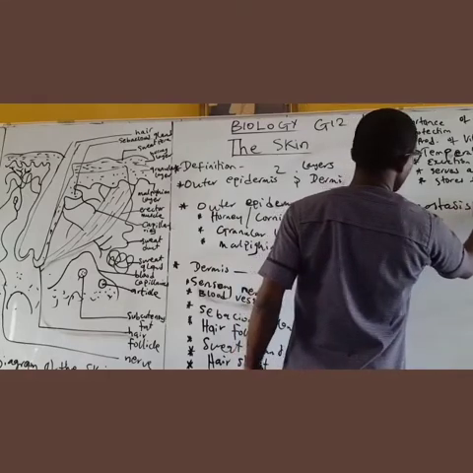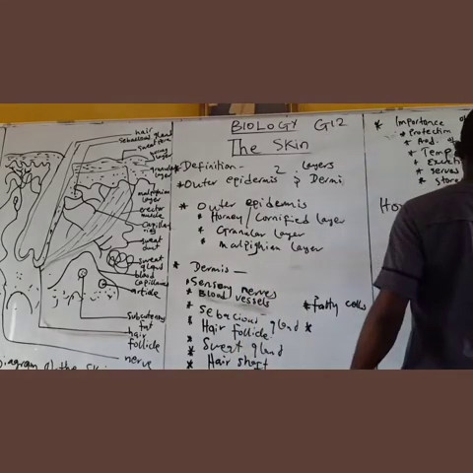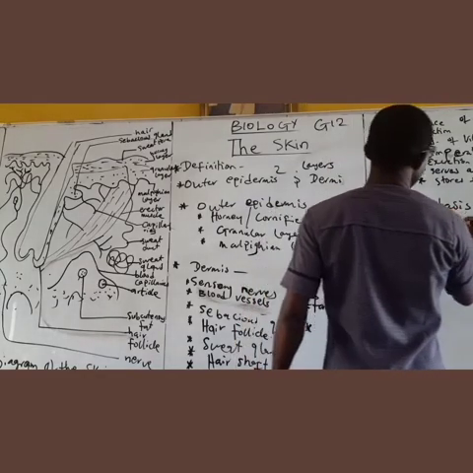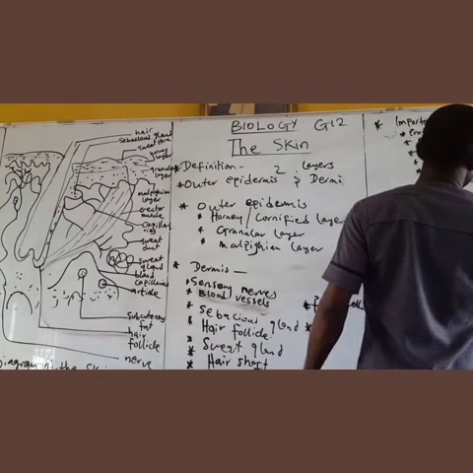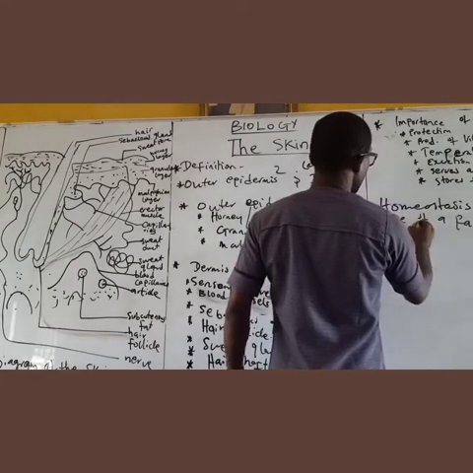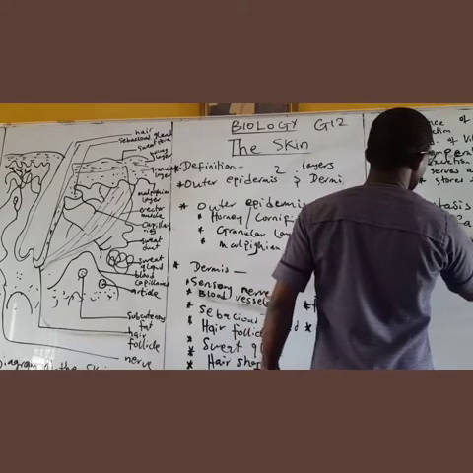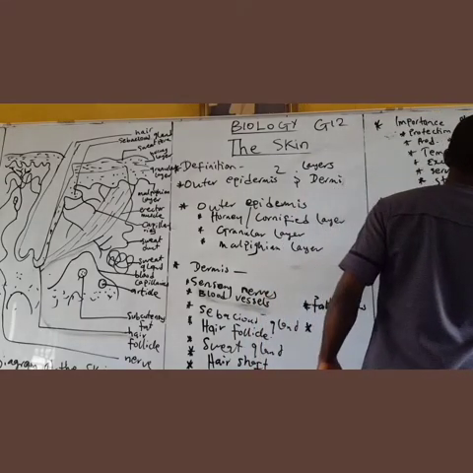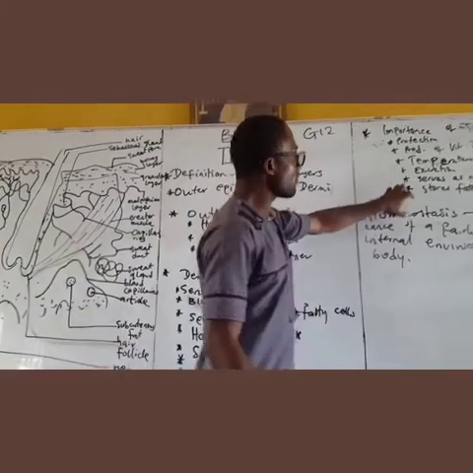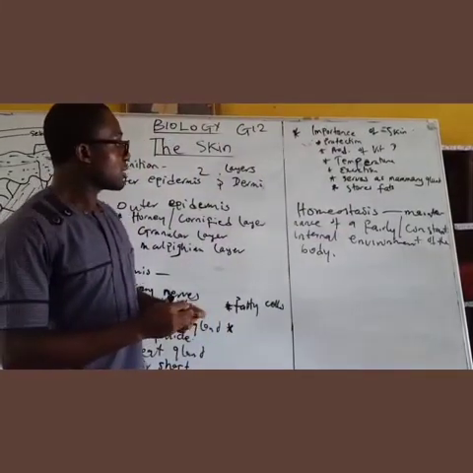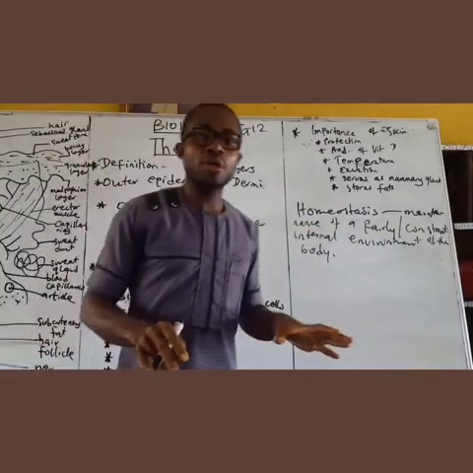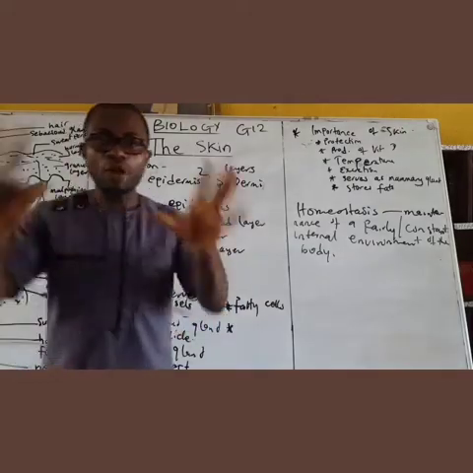Homeostasis is the maintenance of a fairly constant internal environment of the body, which means that this particular homeostasis is what controls the activities or the environment of your body.